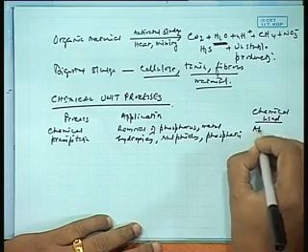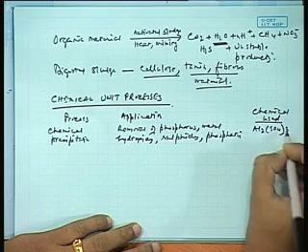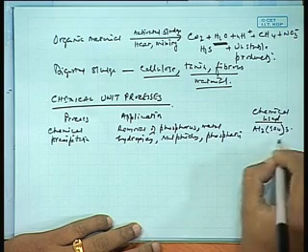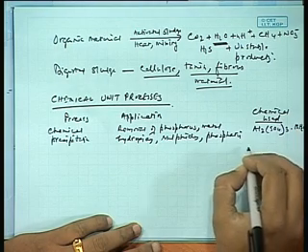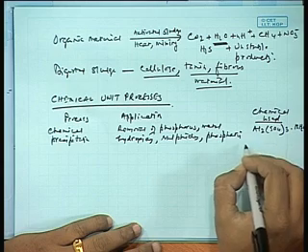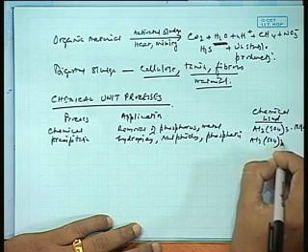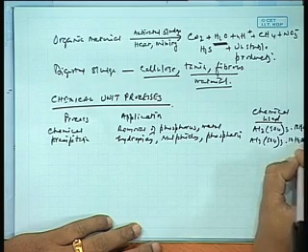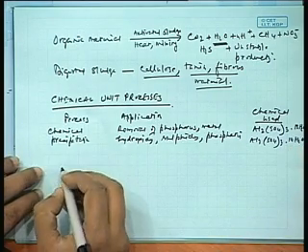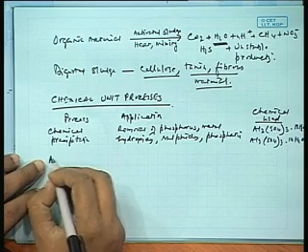So this alum is Al2(SO4)3 18 H2O, or you can see this Al2(SO4)3 14 H2O. This is the combination that we generally observe. Say this is chemical precipitation, then adsorption.